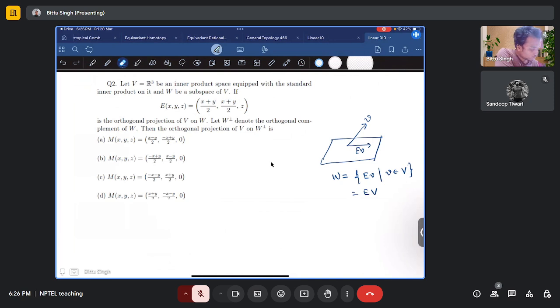Okay, so let us see what the orthogonal complement W perp is.